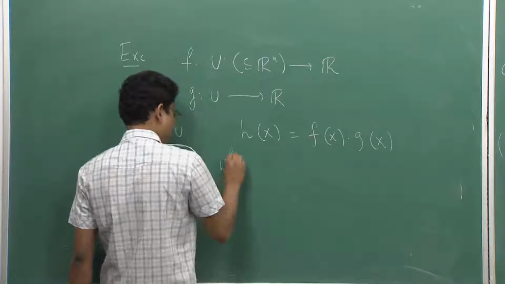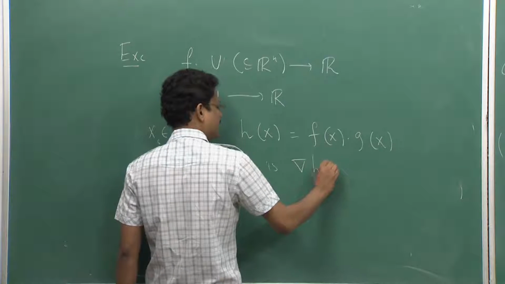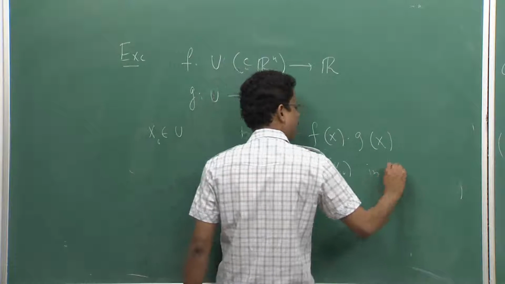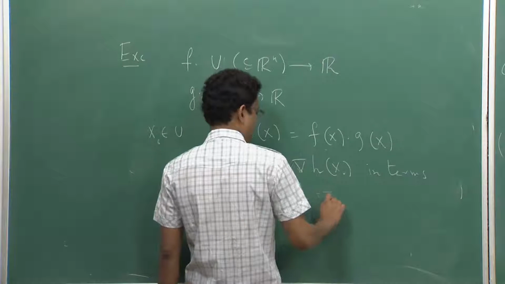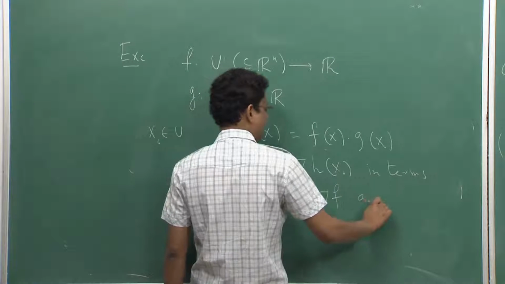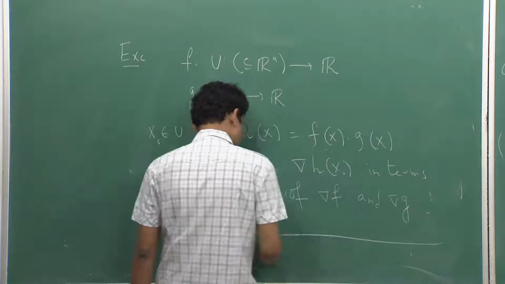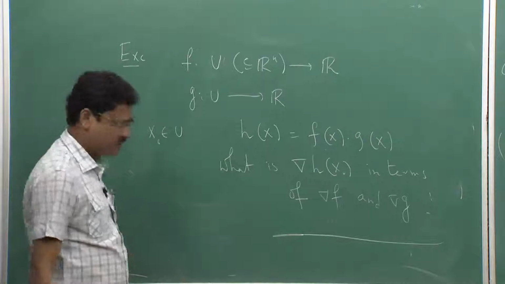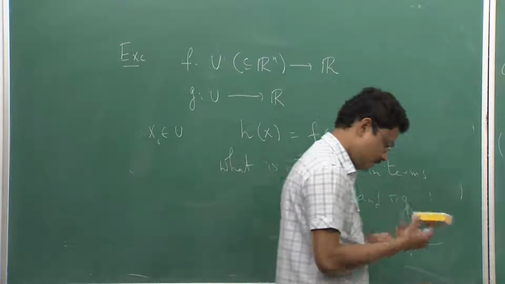So, find out what is grad h at x naught in terms of grad f and grad g. This is the exercise you try to do. This is very easy, just do it from the definition first, but first you must think of what is a candidate, and then it is easy.